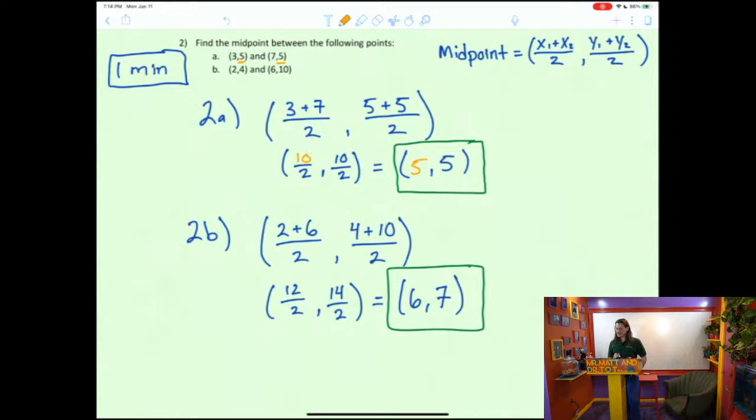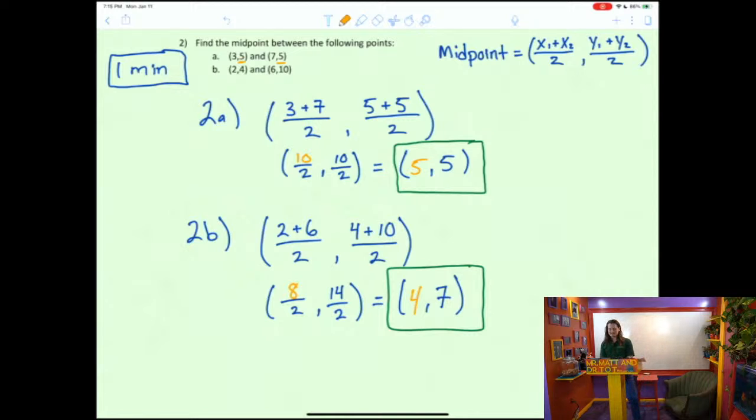So the answer to 2a was 5 comma 5. For 2b, we take the x-coordinates of 2 and 6 and add them together. 2 plus 6 is not 12, it's 8. I was multiplying where I should have been adding.